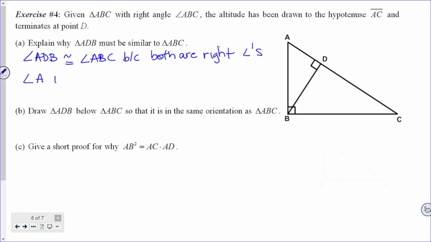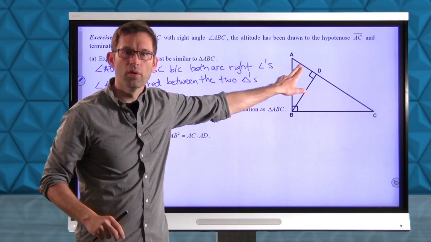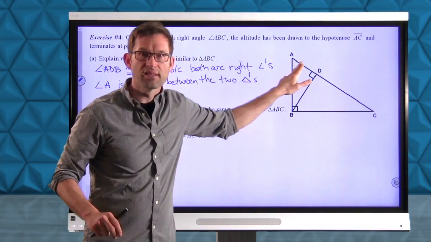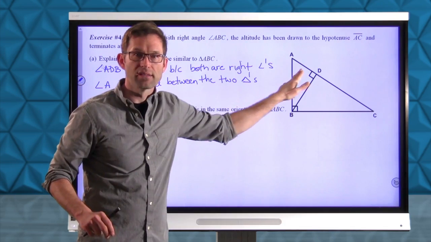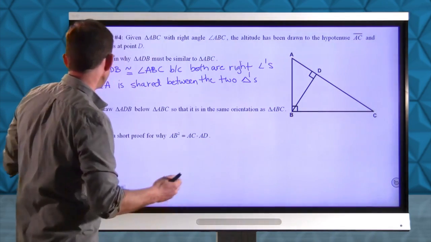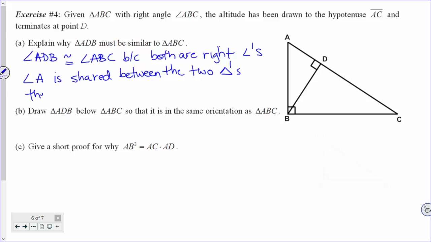Angle A is shared between the two. Both ABC has this angle A and ADB has this angle A. And because of that, they must be similar by the angle-angle theorem. Right? Ooh, there's my red pen. Awesome.